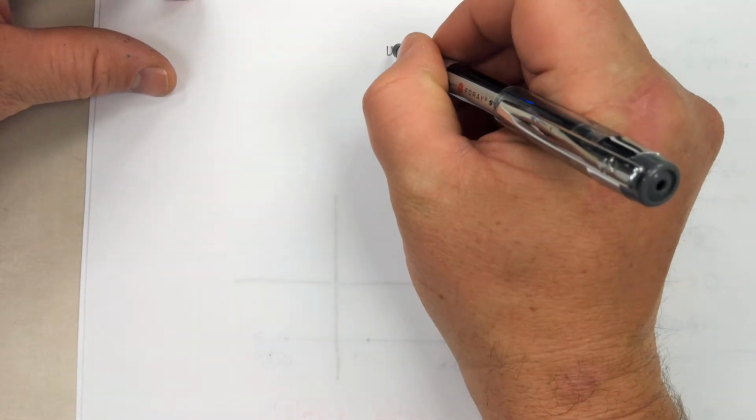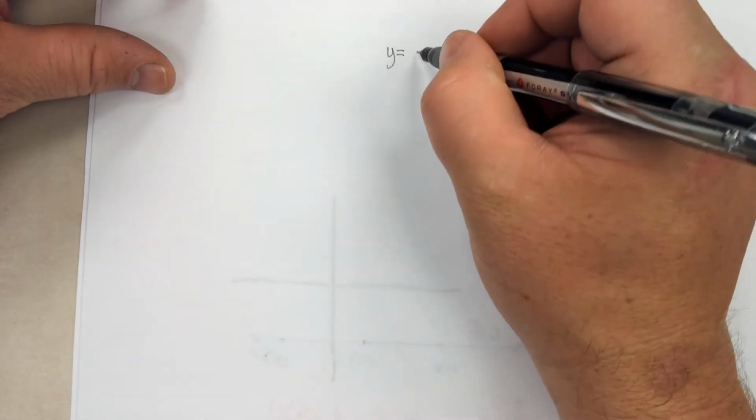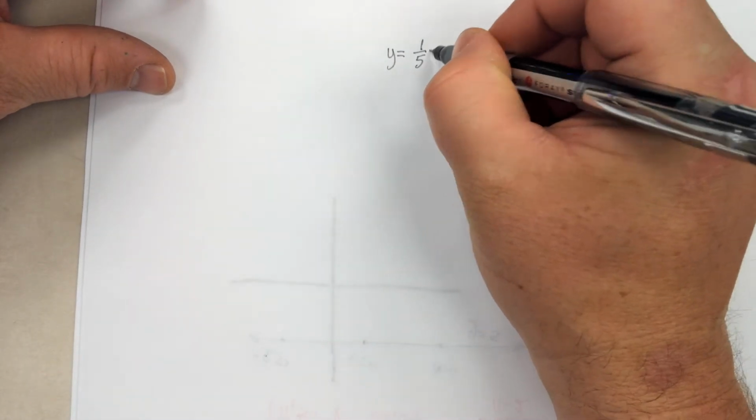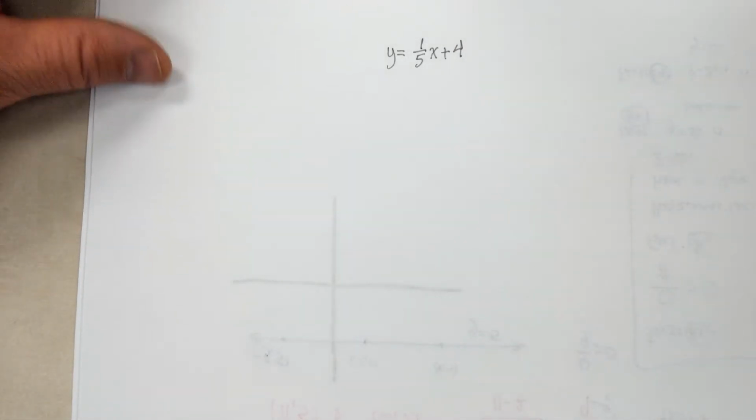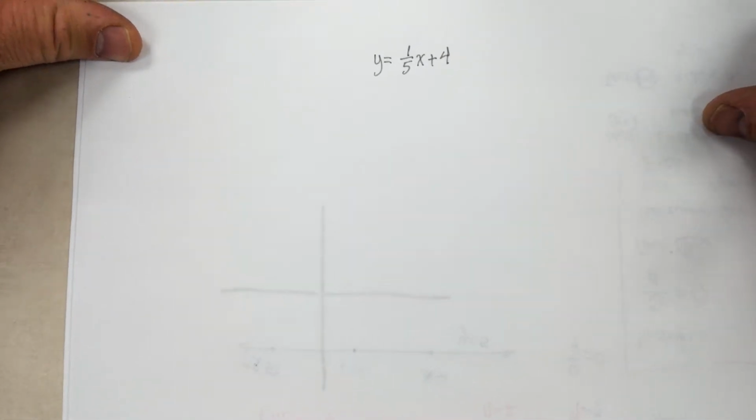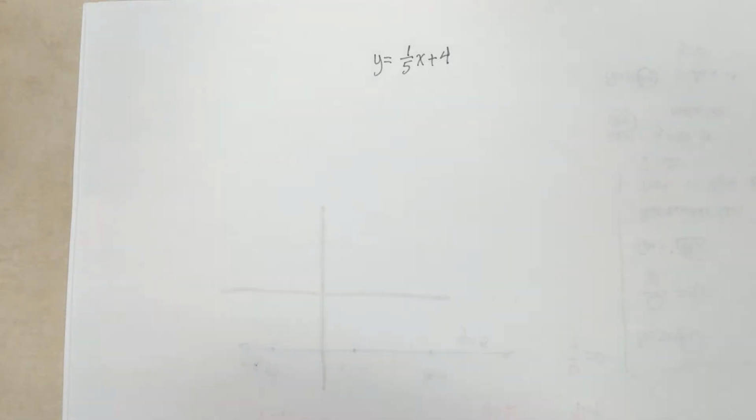She and I graphed on Tuesday with the T-chart. So let's say we wanted to graph this equation right here. This is what we did, right? We made a chart, because a graph is a picture of all the answers.